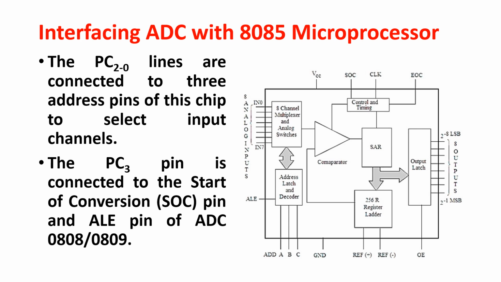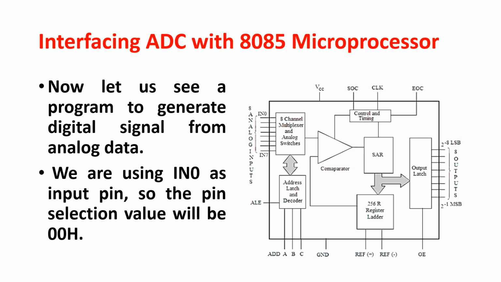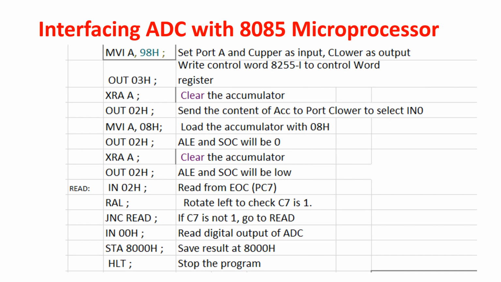Now let us see a program to generate digital signal from analog data. We are using input 0 as input pin. So the pin selection value will be 00H. Program for interfacing ADC with 8085 microprocessor is represented here.